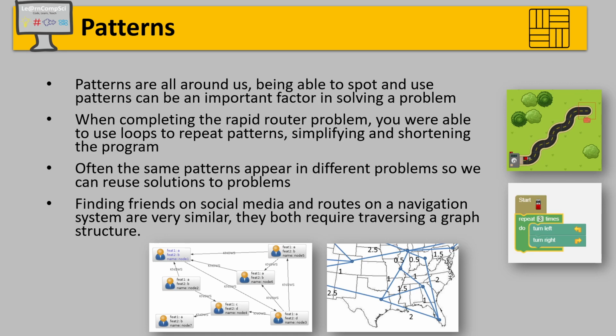But actually, if you look at them, they're quite similar. We have this same idea of what's known as a graph structure. And the way that you would move around from one airport to the other is pretty much the same idea as how you would navigate to find out who your friends of friends are. So a lot of the skills from one of these problems can be applied on the other problem as well.